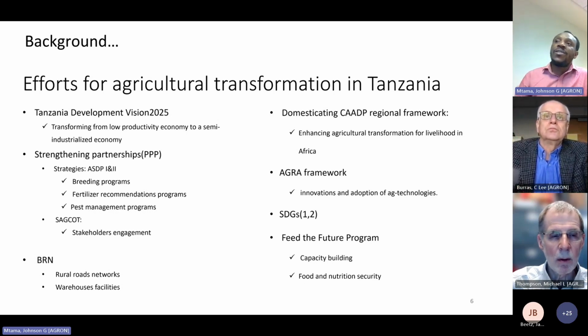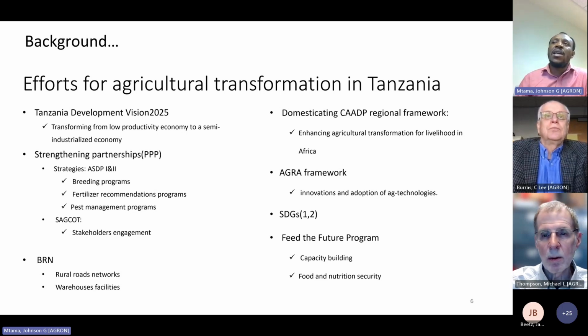Then we have the Feed the Future program. This is a US-based arrangement, where the government of the United States is collaborating with African administrations, trying to help address key challenges affecting African countries in different arenas.